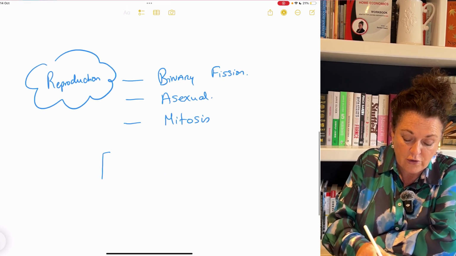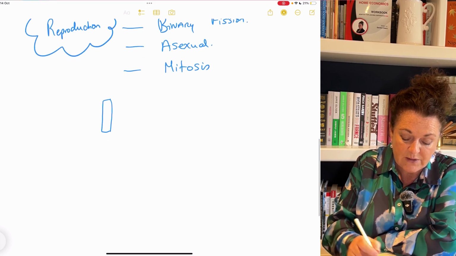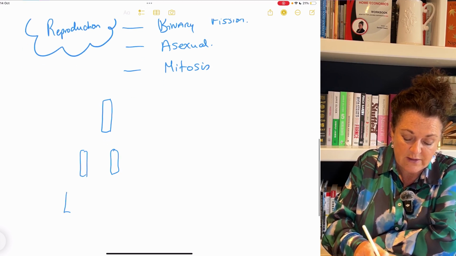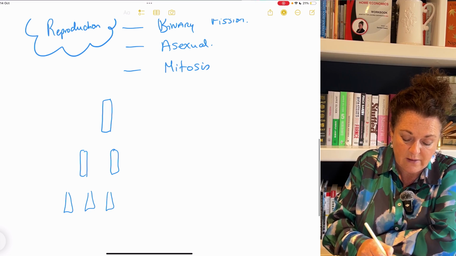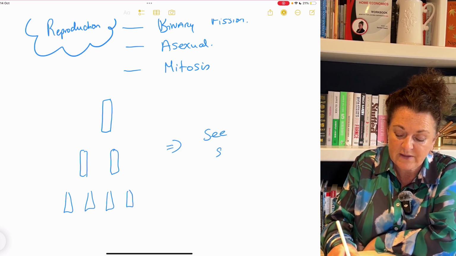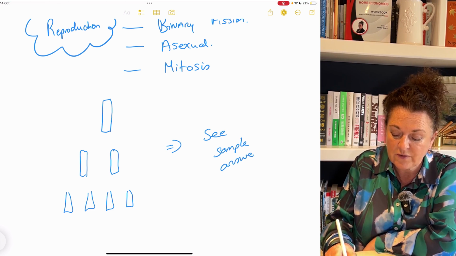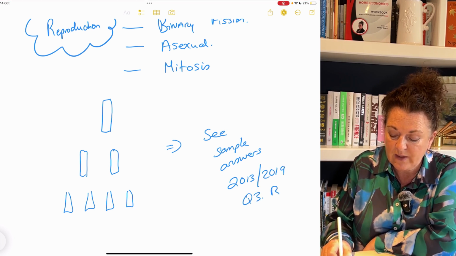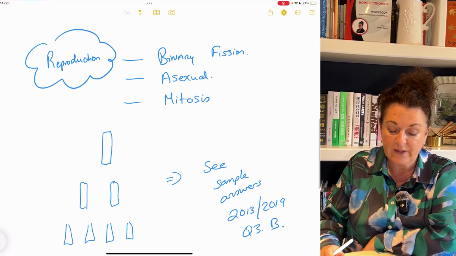Then you would draw your diagrams. Remember, it's rod shaped, how it divides again. Just doing it very roughly here. And I'm just going to put beside that see sample answers from 2013 and 2019, question 3B on food poisoning.